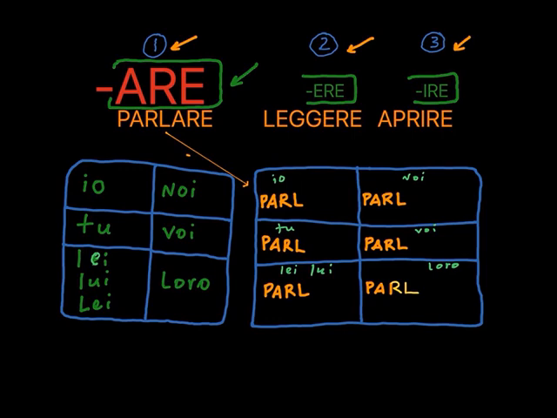So you have here the verbs that end on -are, and you have here parlare. So you have parlo, parli, parla. Note that it's the same vowel that is in the infinitive, parlare, so that's where it comes from.